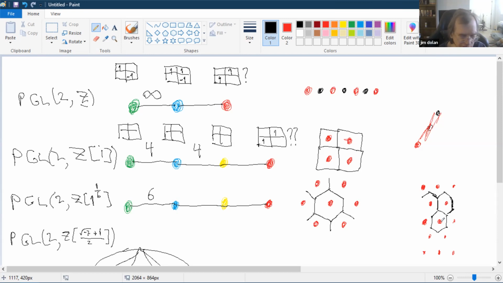So there are these 4 cardinal units in the Gaussian integers, and these 6 units in the Eisenstein integers. And I'm trying to figure out, as elements of PGL2, they get washed out because they're invertible. So what am I trying to say? I don't know.